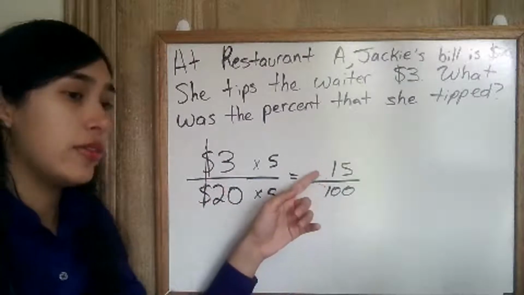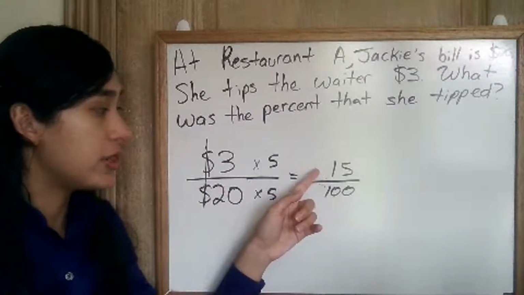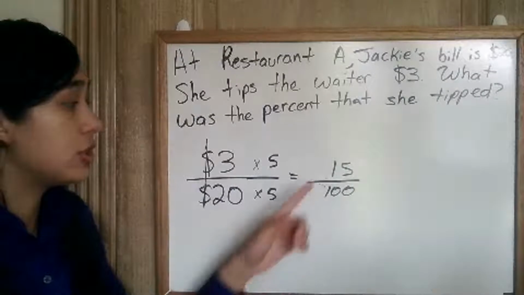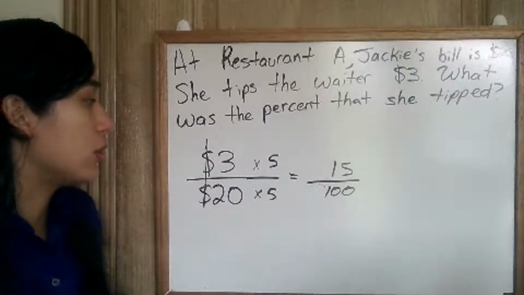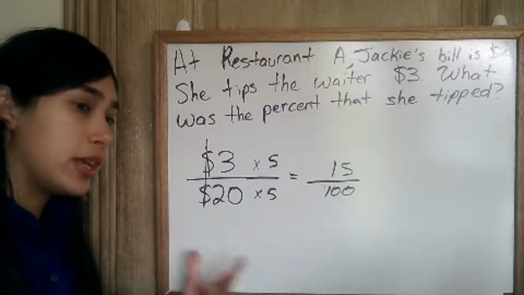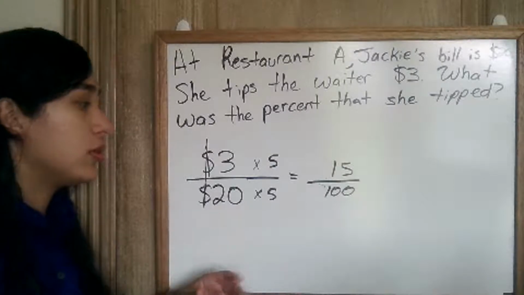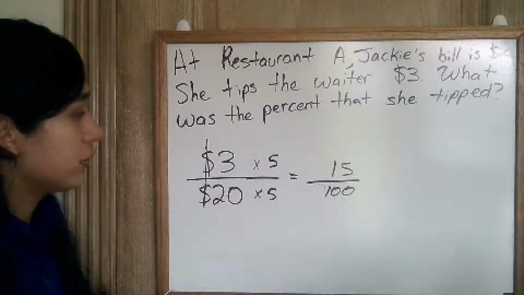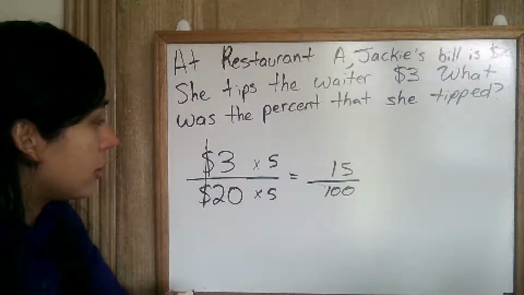However, now we're talking about if she spent or tipped $15 out of $100. So to make it a lot easier when we look back at our problem, we're going to get rid of the dollar signs. So we see 15 out of 100.